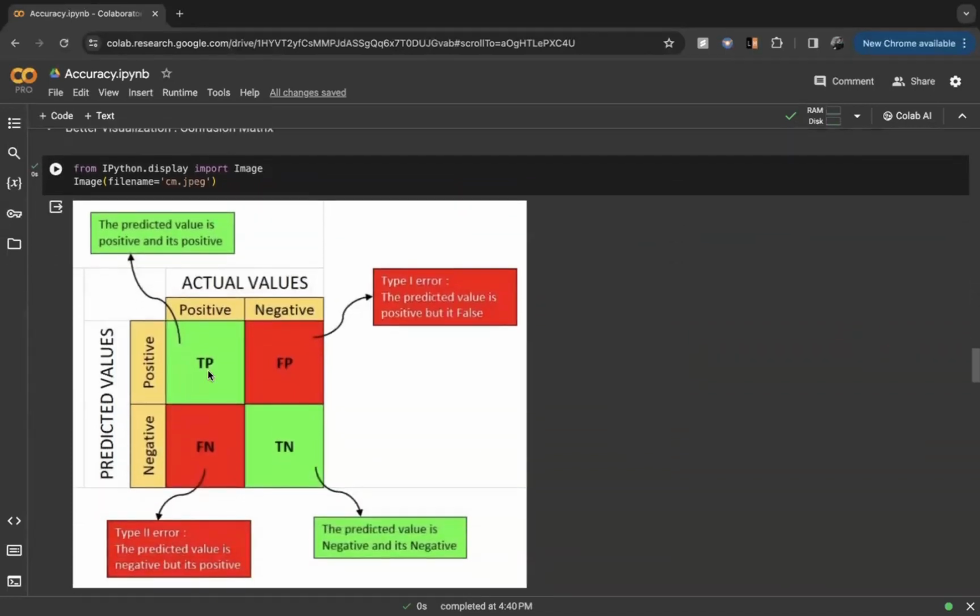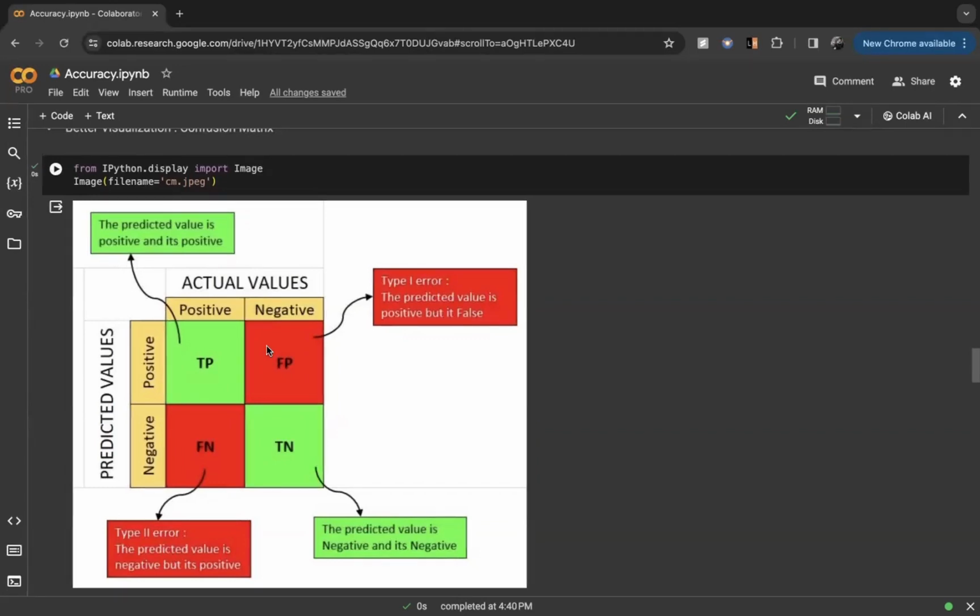So the first cell is true positive. Imagine when we are building a binary classification, dog is the positive case and not dog is the other case. In the predicted value, if it is a dog and we predicted it as a dog, that's when we say it is a true positive. And imagine when it is a dog, but the model predicted it as a cat. That's called a false negative.